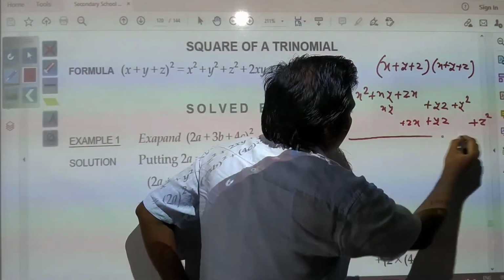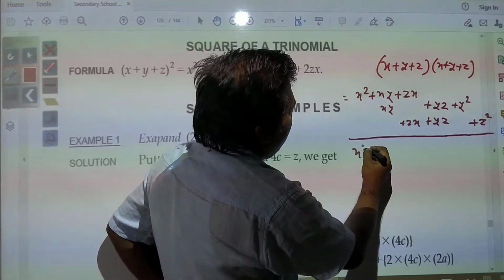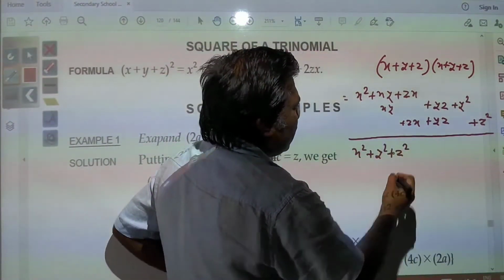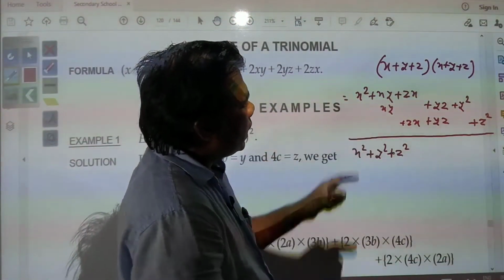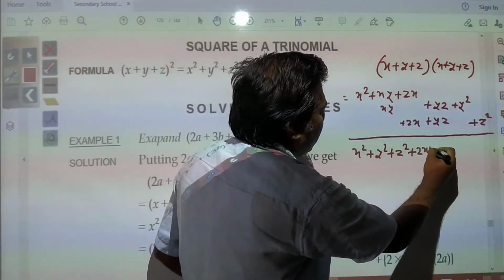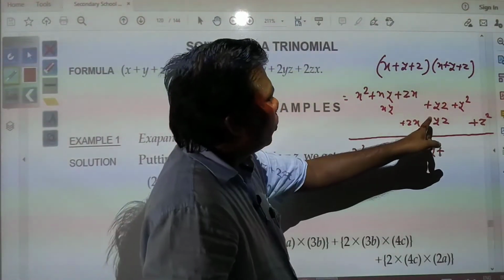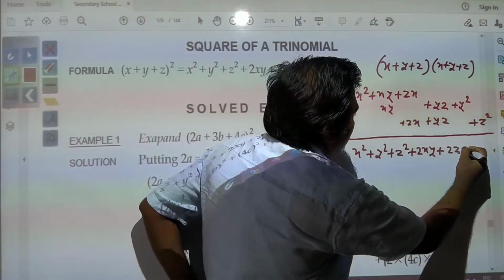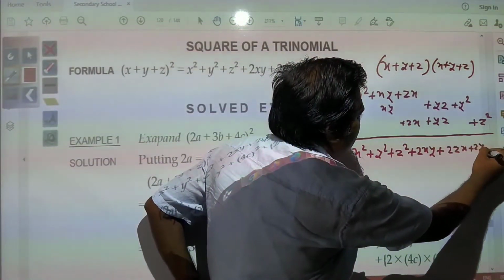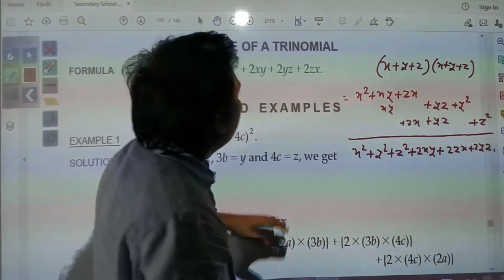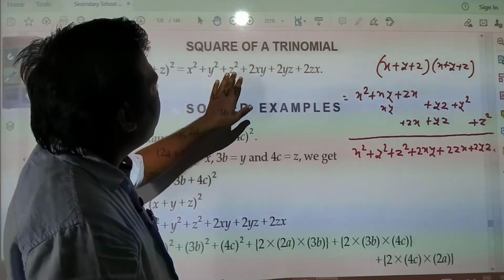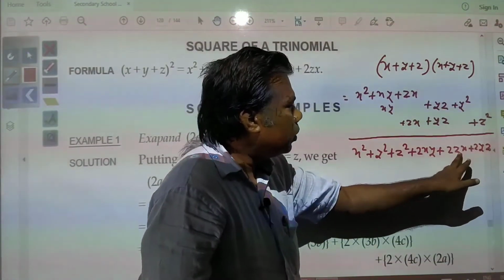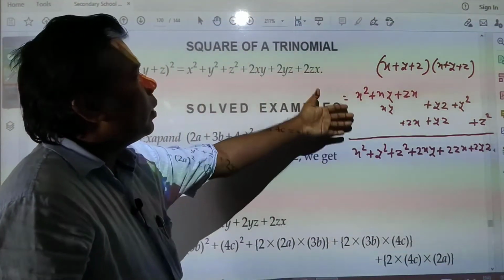So finally, what have you got? x square plus y square plus z square, and xy plus xy is 2xy, 2zx and 2yz. So in this way you can derive the formula also.